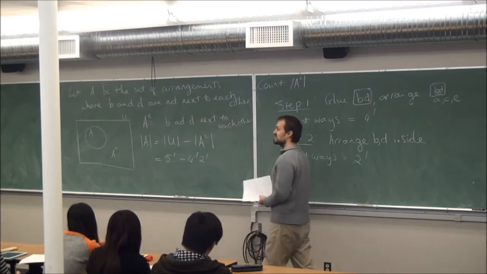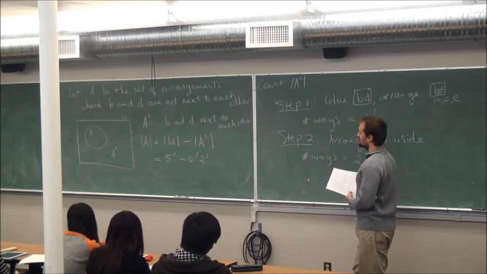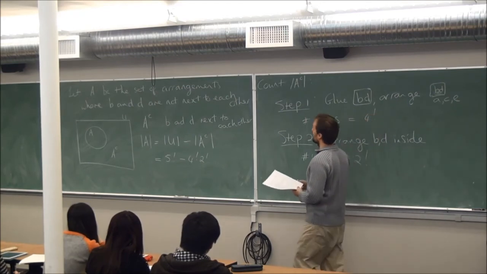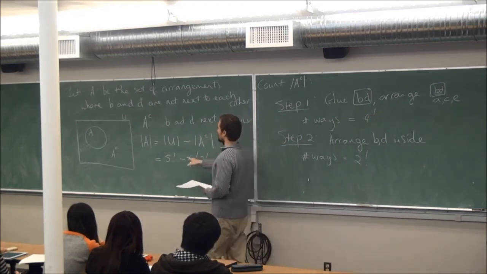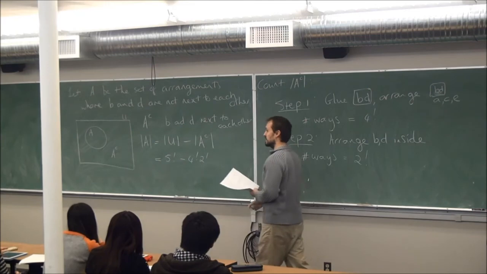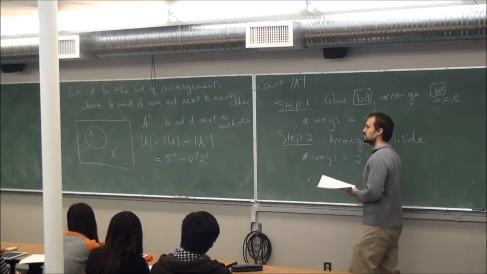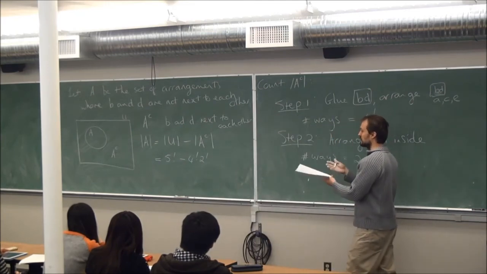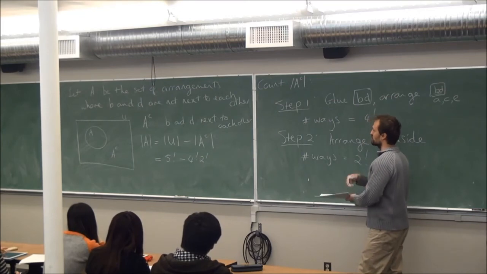Yeah, I'm just gonna have to make a list. It'll take a while, but you can do it. But if I had more letters, let's say I had 10 letters instead of just 5, then these numbers blow up very quickly, and I'll have thousands and thousands of possible arrangements.